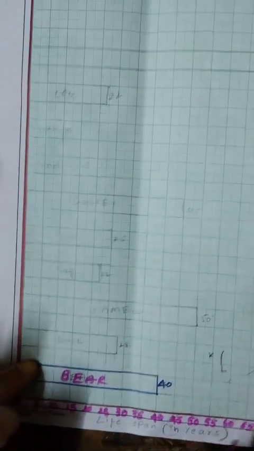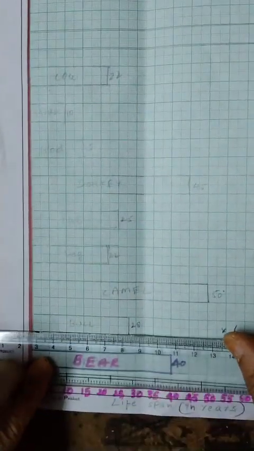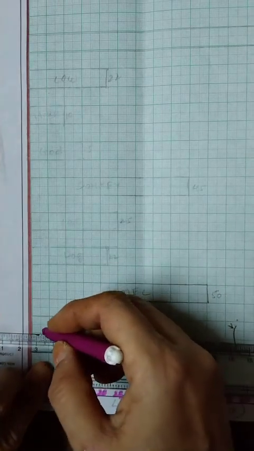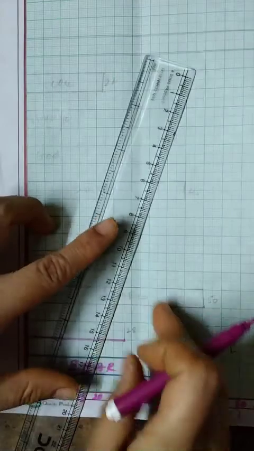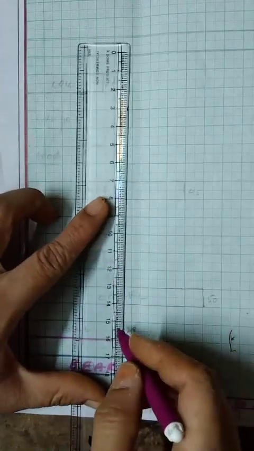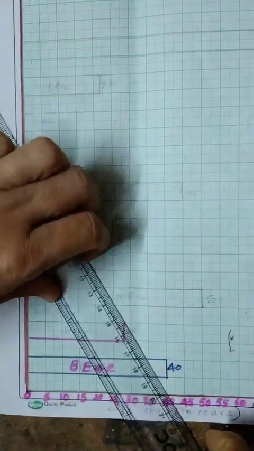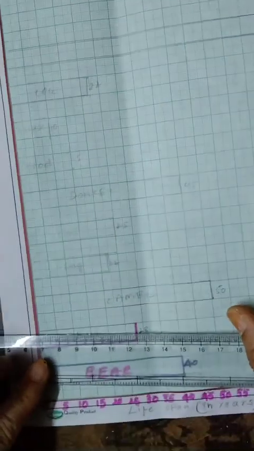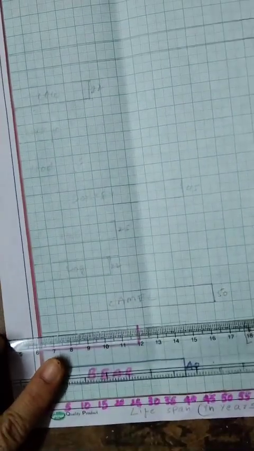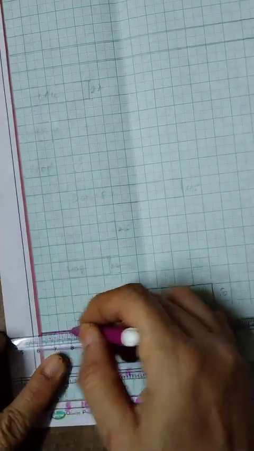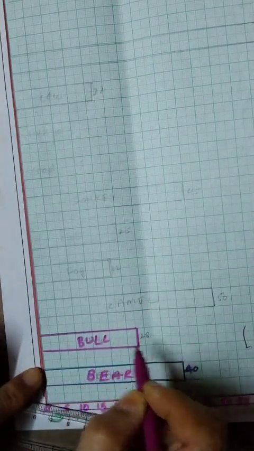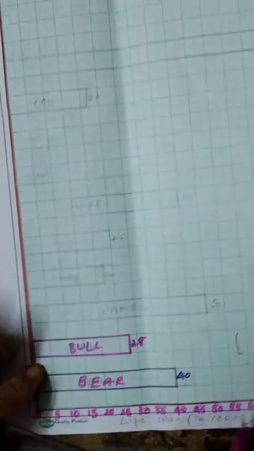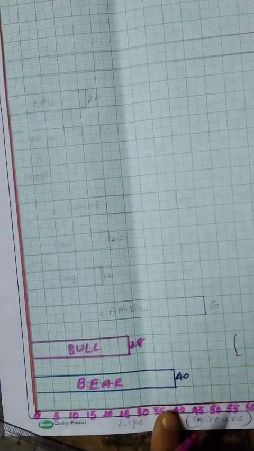Next we write the name, BULL. Bull is completed.